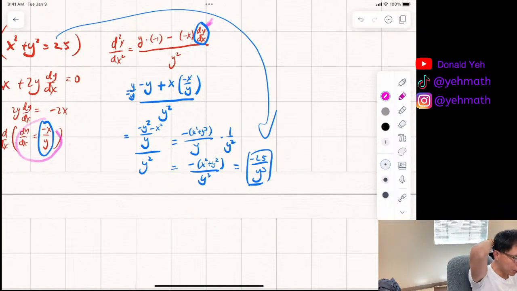And now just combine the fractions. Usually there's something to do with the original equation. Is that okay?